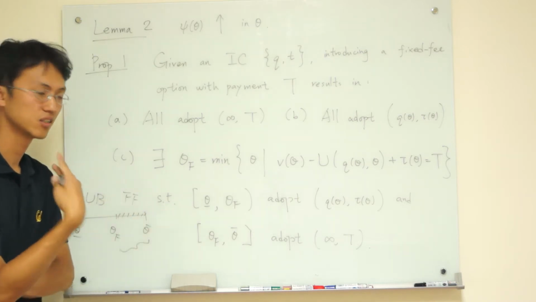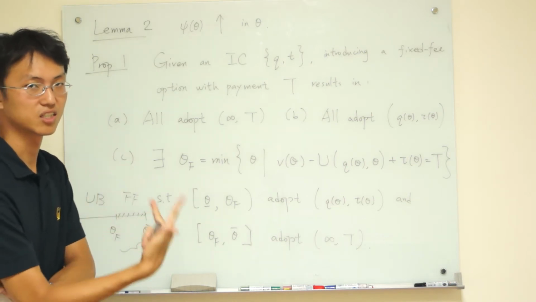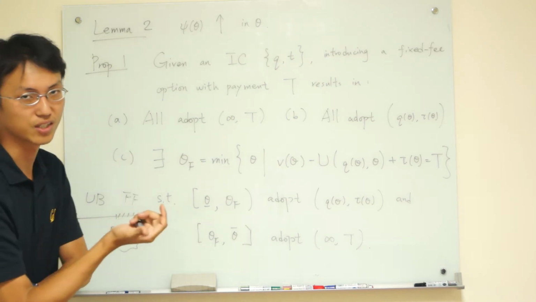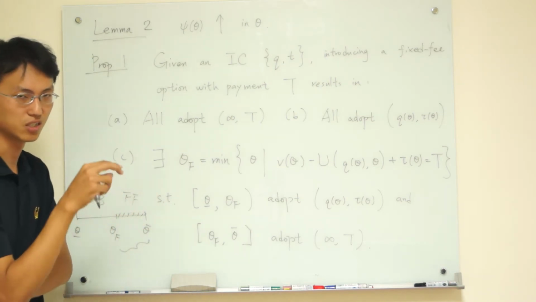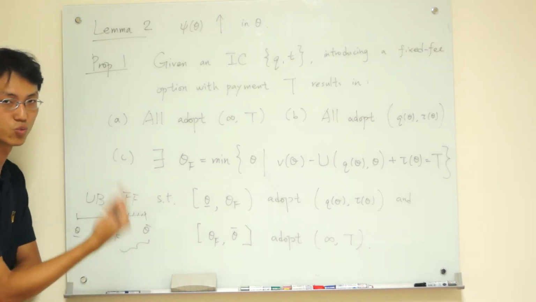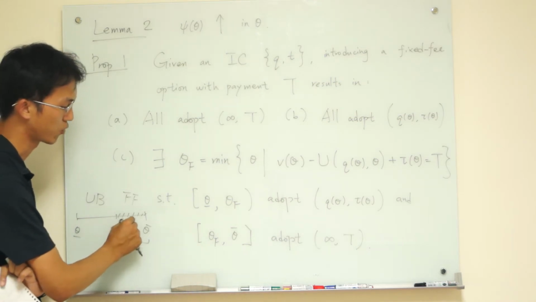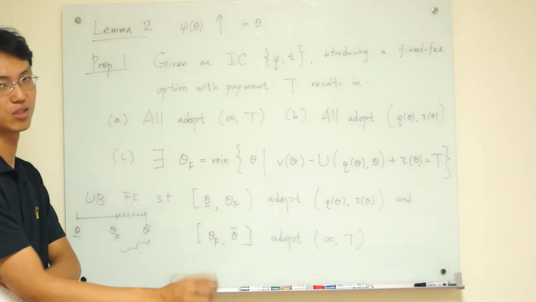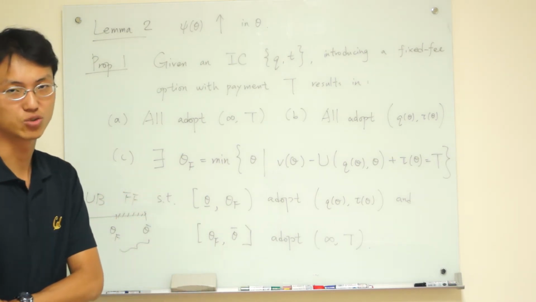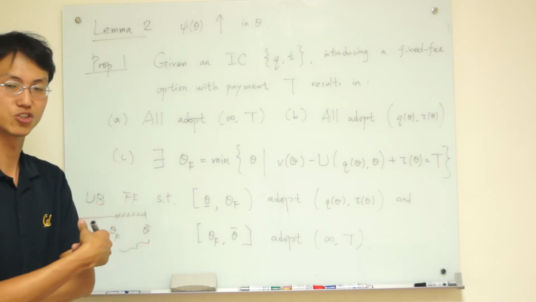Originally, they are paying according to their usage. Then when I am designing this transfer T, this price for all-you-can-eat, the price must be not so high, so that the consumers here will switch to all-you-can-eat. In that case, for a sufficiently high type, originally he wants to pay more, but now you are offering a too generous plan to him, and he is going to pay less than in the original situation.